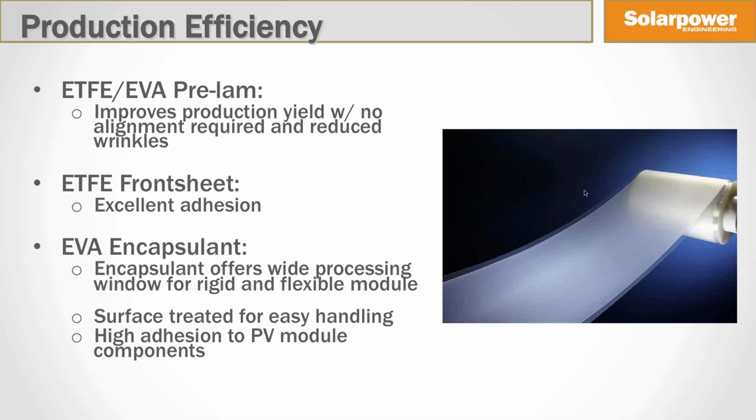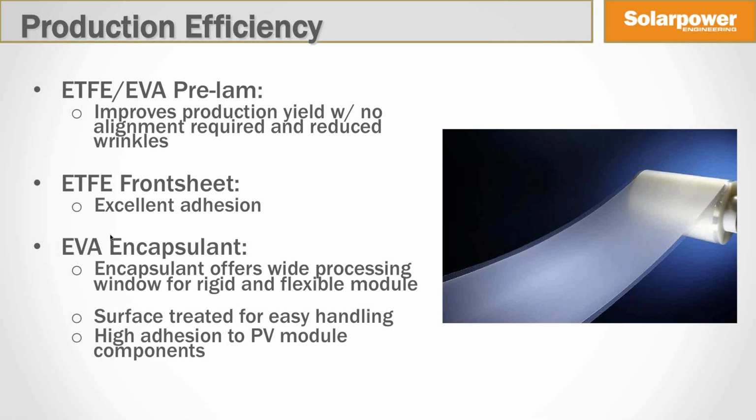We offer the following different solutions to PV module manufacturers. We have an ETFE front sheet, which is just the fluoropolymer sheet with a proprietary surface treatment, which gives you excellent adhesion. We also have the EVA encapsulant, which offers a wide processing window for lamination for both rigid and flexible module makers.